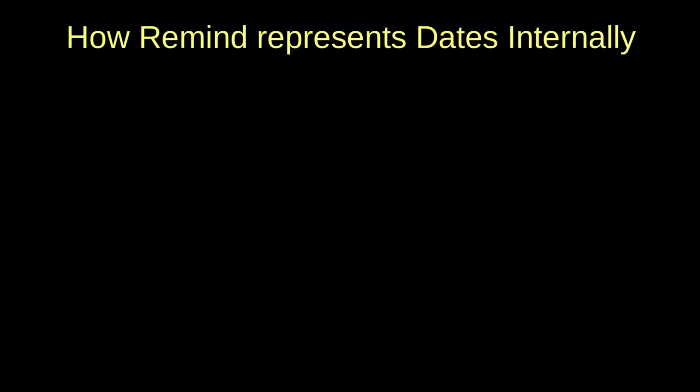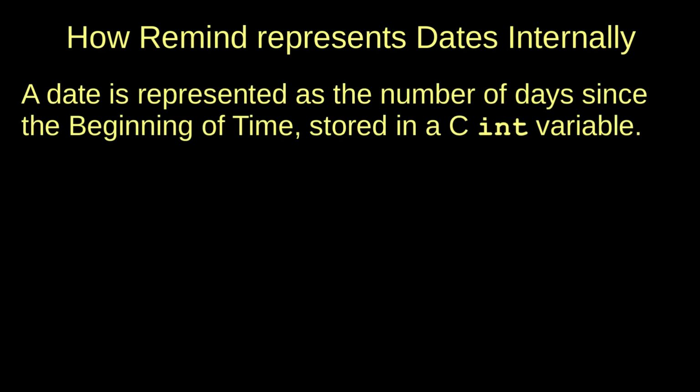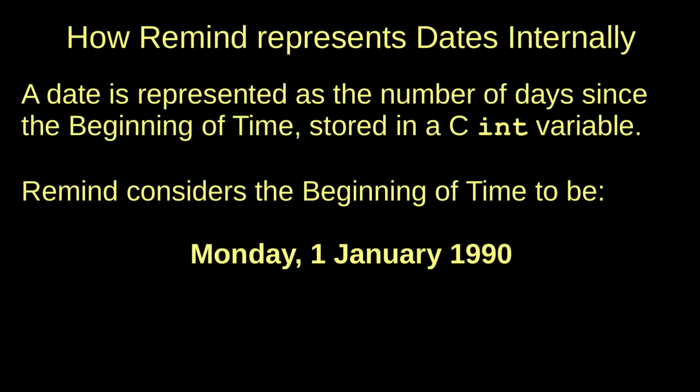Our first step on the way to learning the remind algorithm is to look at how remind represents dates internally. A date in remind is represented as the number of days since the beginning of time, stored in an int variable. Remind considers the beginning of time to be Monday, January 1st, 1990.